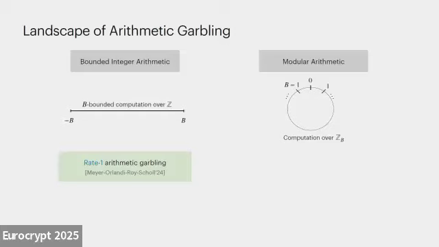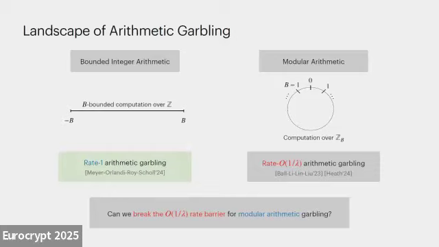Essentially, the garbled circuit has no overhead compared to writing down all the values in the circuit. On the other hand, in the modular arithmetic setting, all the best-known works have a rate of 1 over lambda, so there is a significant blow-up in the size of the garbled circuit. The main question we ask in this work is whether we can break this 1 over lambda rate barrier and get more efficient arithmetic garbling schemes.